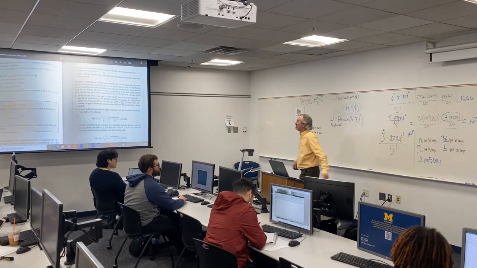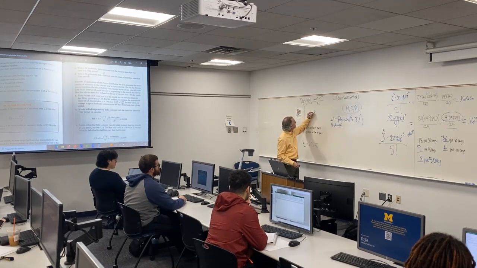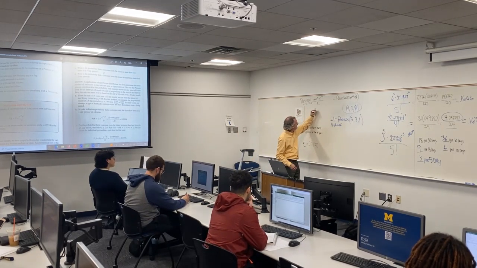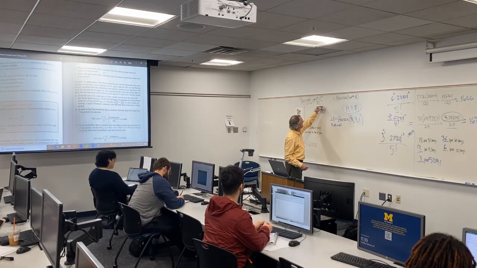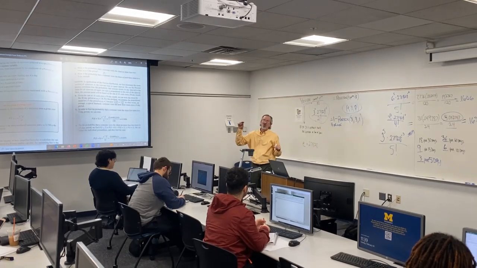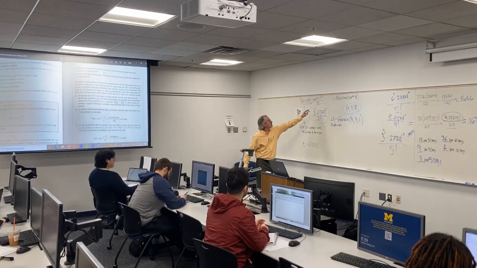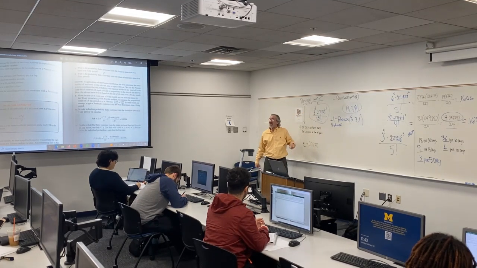3. The question's about 2 or less, and the mean is 3. 3 to the power of 2 times 2.71828 to the power of -3 over 2 factorial. But because it's 2 or less, we have to do this whole equation again with this being a 1 and that being a 1.